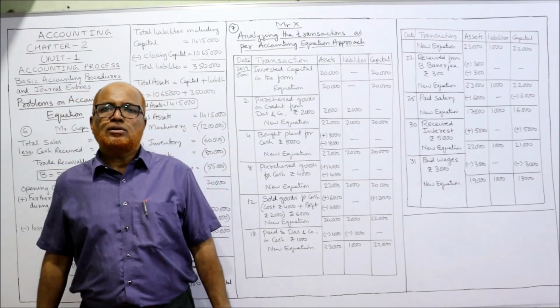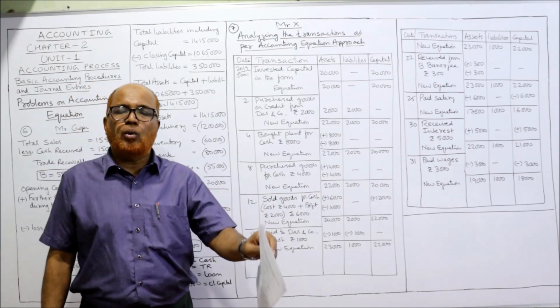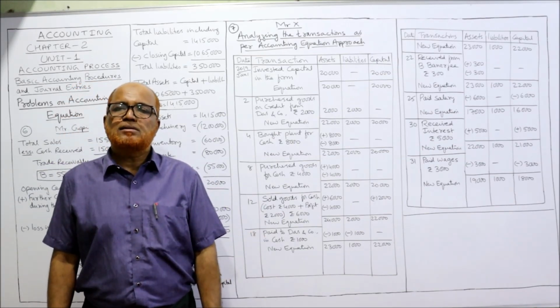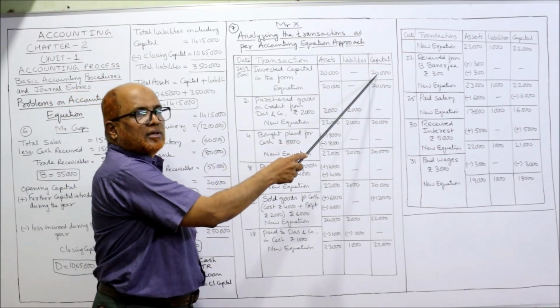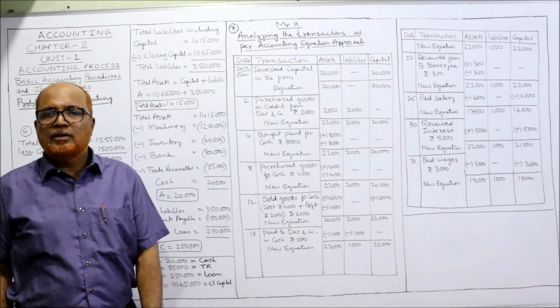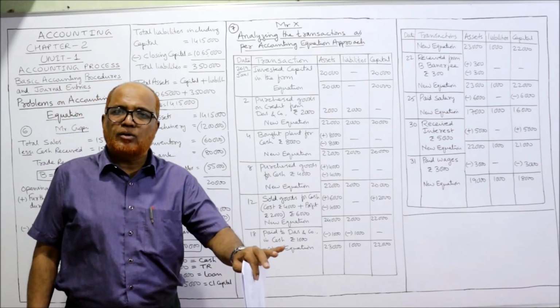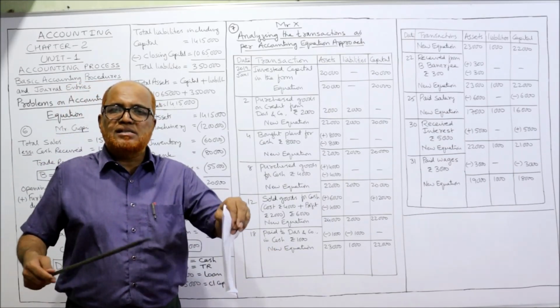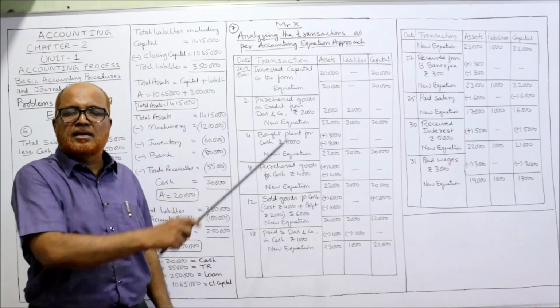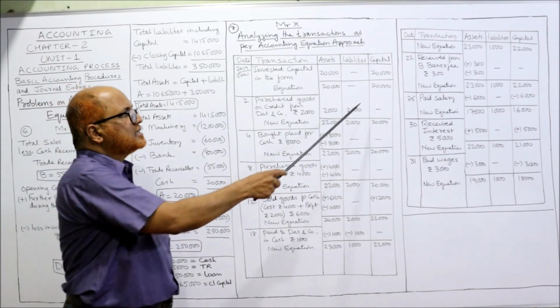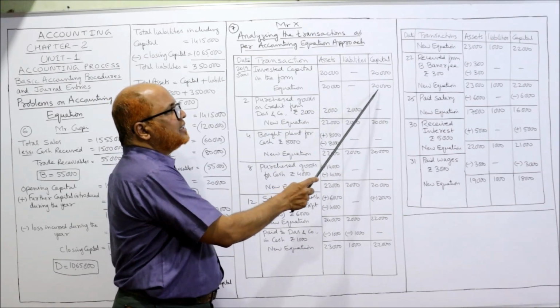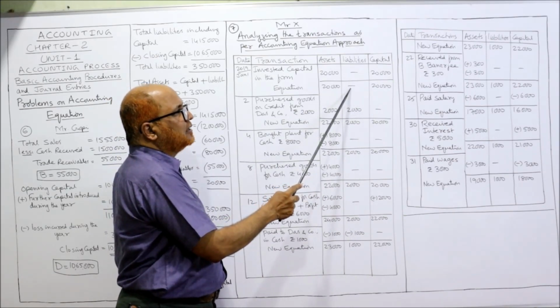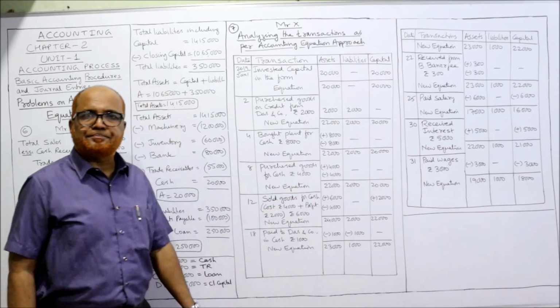Now this 20,000 is invested by the owner. When the owner invests the money, it is called capital. So here capital 20,000. There are no liabilities. Business received 20,000, so assets increased, and the capital increased by 20,000. So equation, assets is equal to liabilities plus capital. There is no liability, so assets is equal to capital.